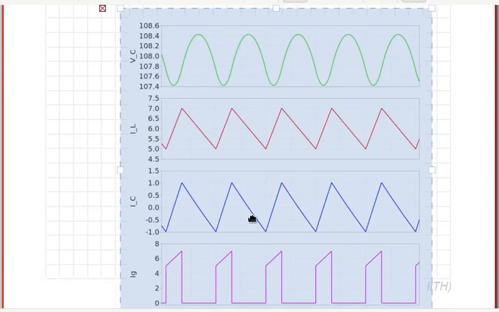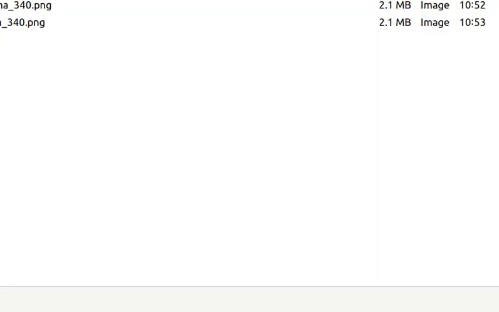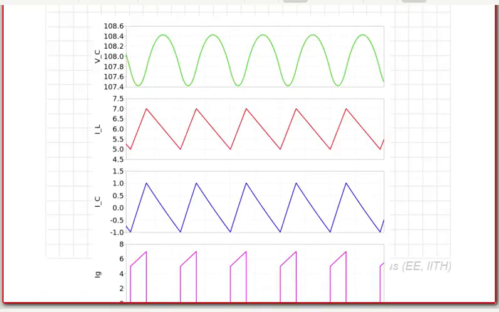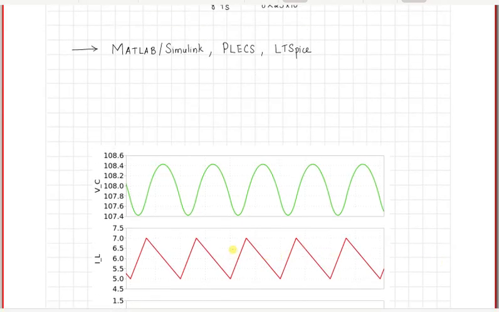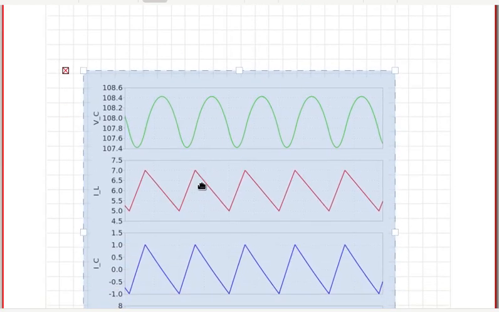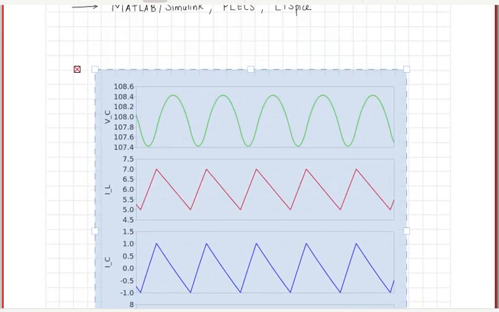Okay. So here is the waveform of the converter, which is obtained by operating under continuous conduction mode.